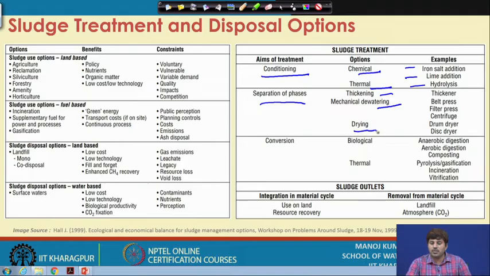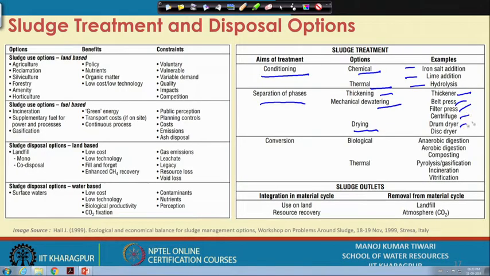And through drying we can let the water evaporate and the sludge becomes a dry cake. So, we have thickeners, belt press, filter press, centrifuge, drum dryer, disc dryers, rotating disc thickener, those kind of things. So, there is a variety of options in here, some of which we will discuss in a later slide.